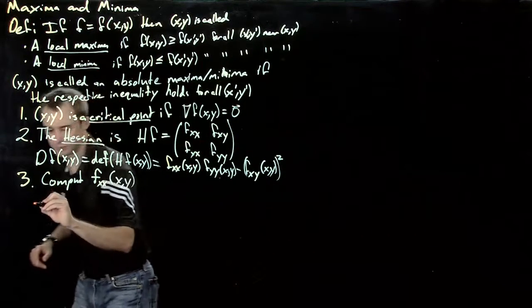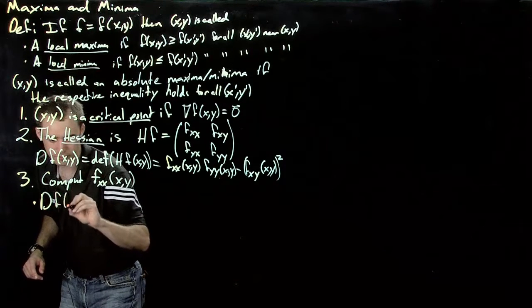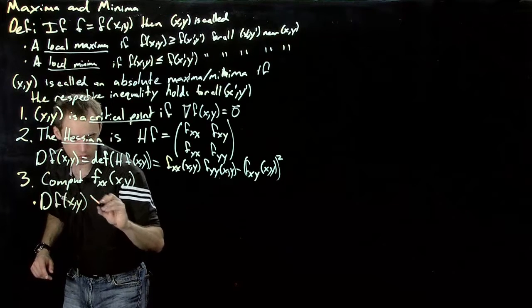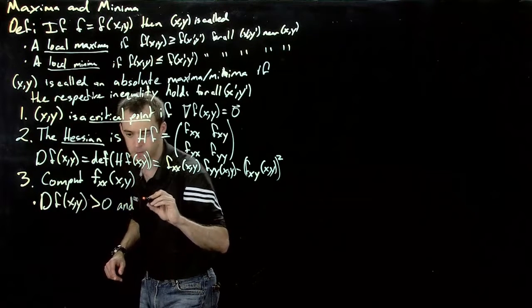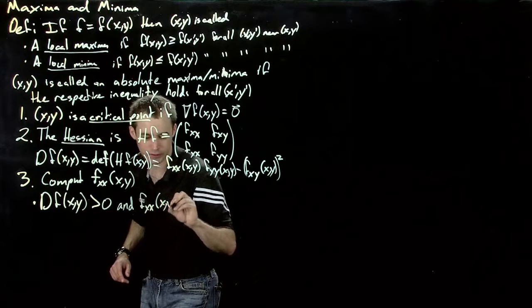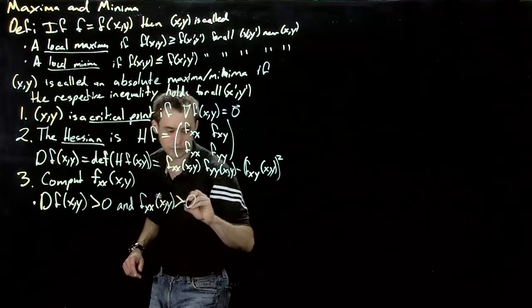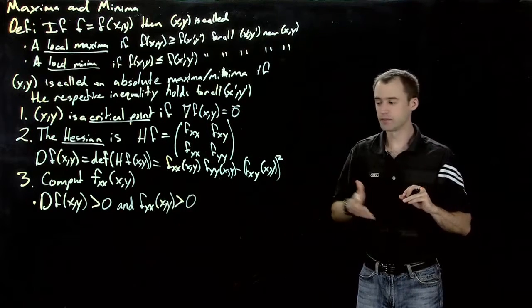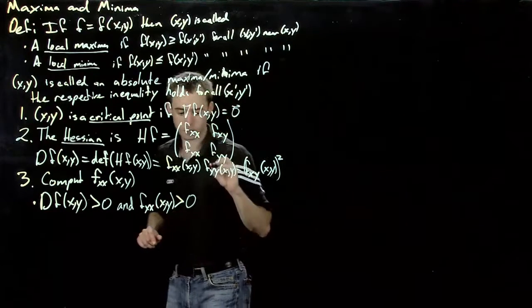So case 1, D f at (x,y) is greater than 0, and f_xx at (x,y) is greater than 0. Well, in this case, (x,y) is a local minima.